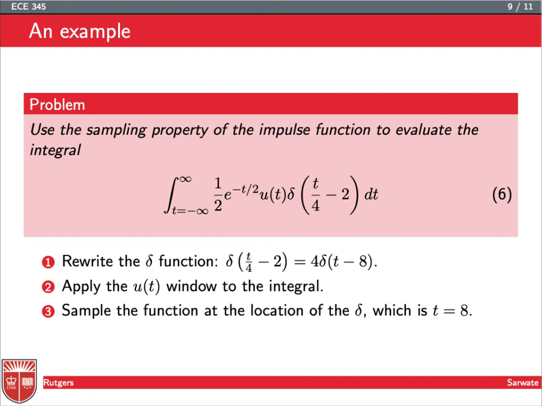And then we can use the sampling property to ask what this is at t equal to 8. That's the third step, and then we can solve this problem. It looks a little complicated at first, but if you just follow this recipe you can get the answer.